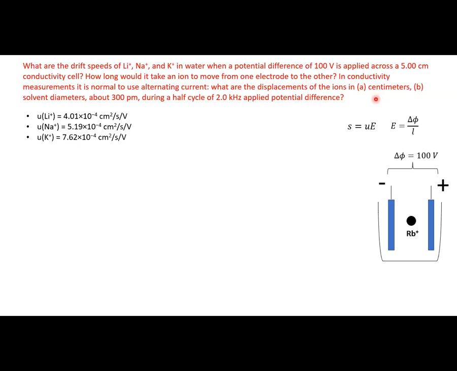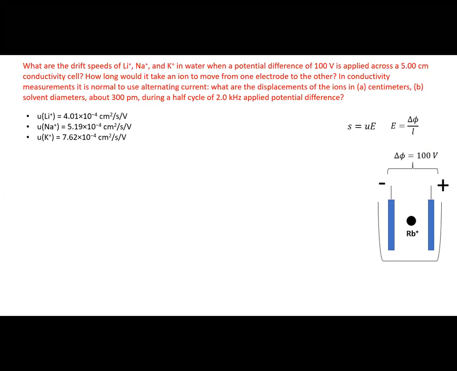Okay, the question seems complicated as we continuously read, so let's break it into different parts. First, let's calculate the drift speeds. We know one equation where the drift speed is related to the mobility and the electric field, and the electric field can be calculated from the potential and the distance between the electrodes, as we solved in one of the problems.